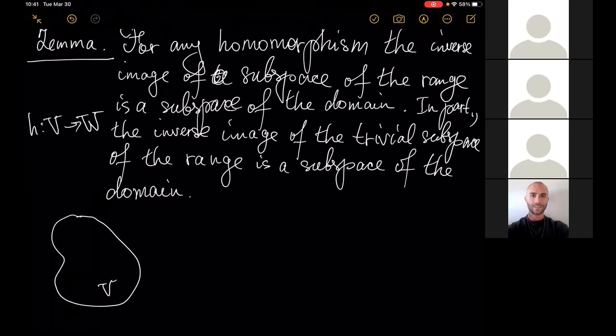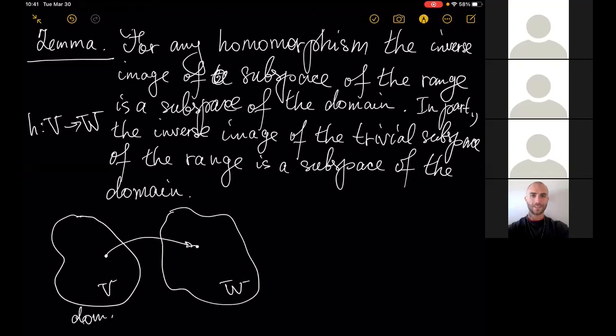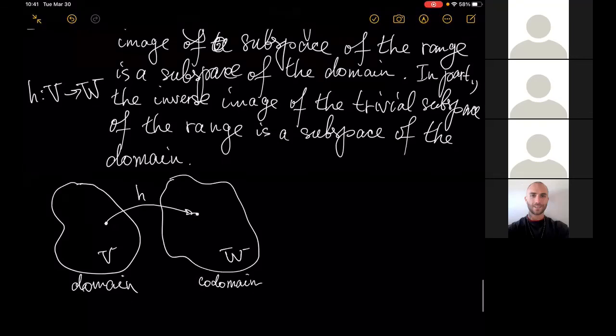So we start from here, and for every point we produce another point. This is the domain, essentially where our homomorphism is defined, and this is the codomain, the vector space where the results of this transformation belong.